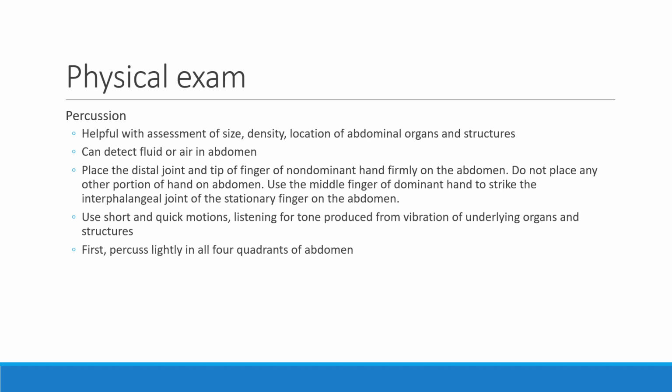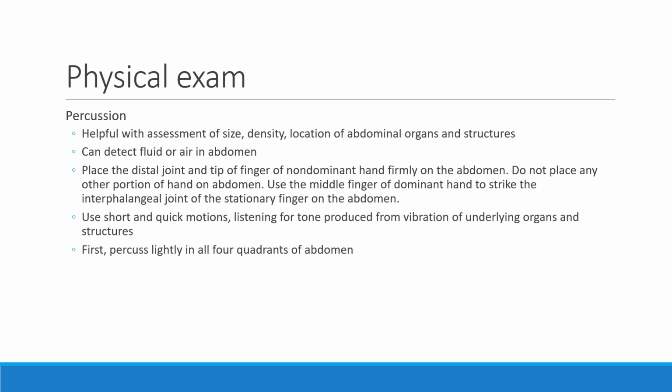Percussion is the next part of the exam, and this is helpful with assessment of the size, density, and location of abdominal organs and structures. It can also detect fluid or air in the abdomen. To percuss, you place the distal joint and tip of the finger of the non-dominant hand firmly on the abdomen, avoiding the ribs. Do not place any other portion of the hand on the abdomen.